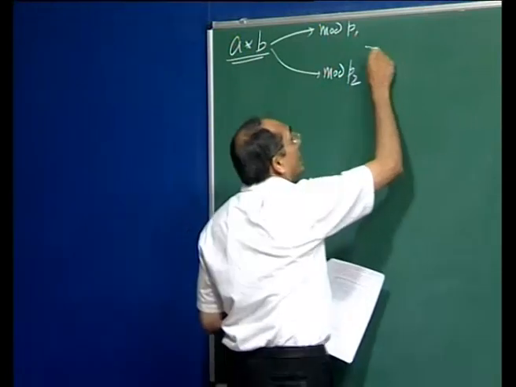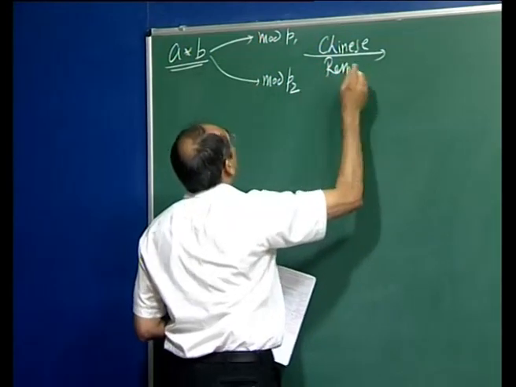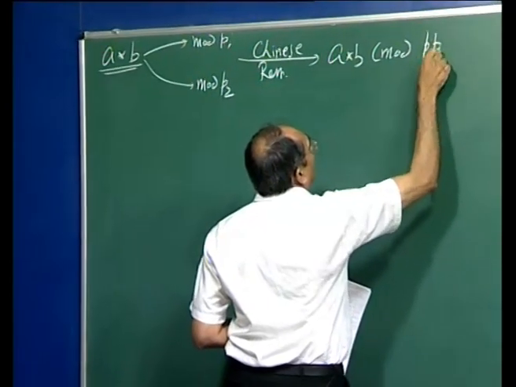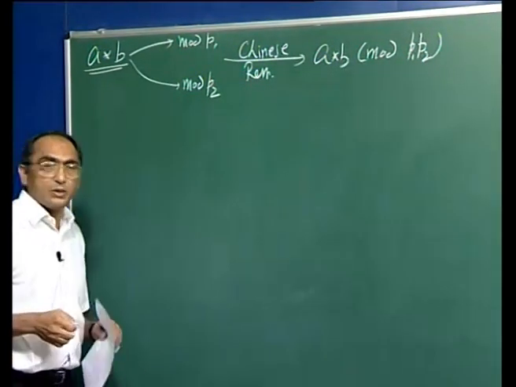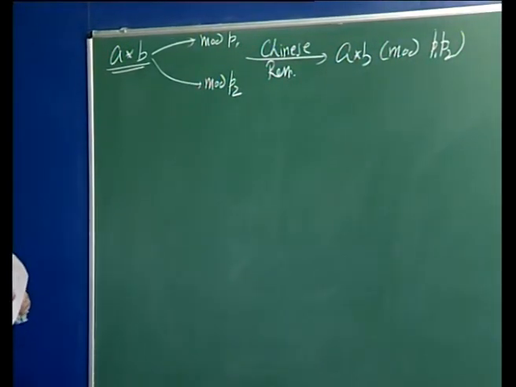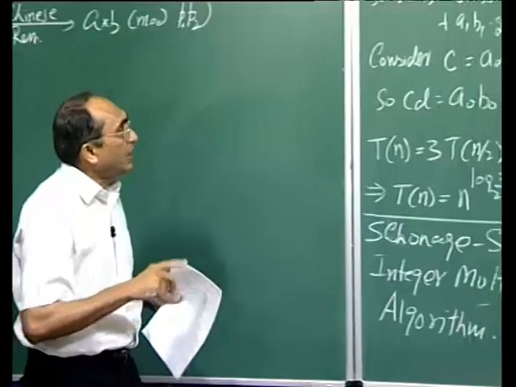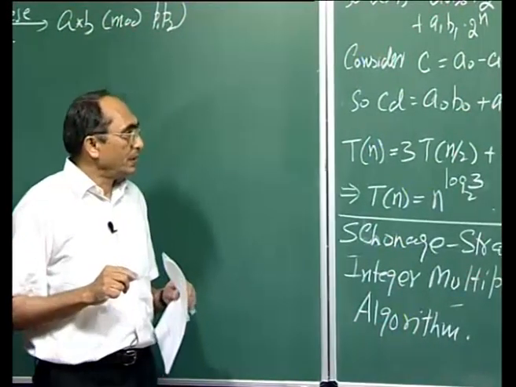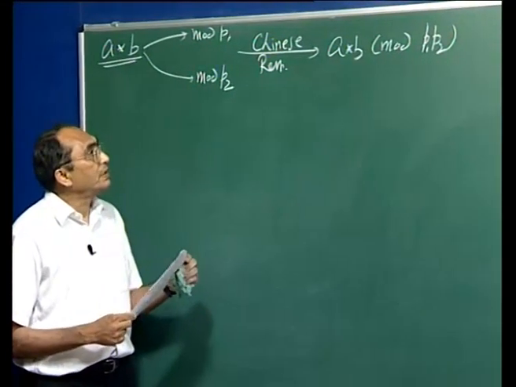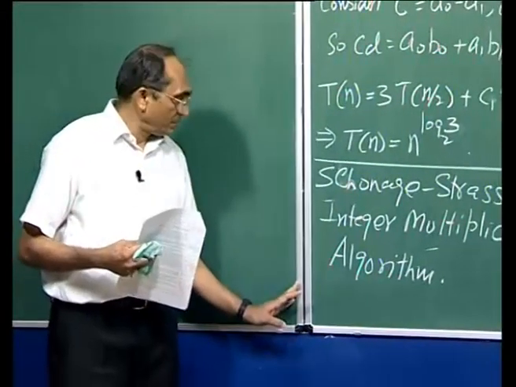And then we are going to use Chinese remaindering to get A times B modulo P1 P2. We will choose P1 P2 which are coprime. So this will be the core of our idea, and we will choose our P1 P2 in such a way that we can use this Rm ring that we have discussed. So that would be in the next lecture. I hope to finish this algorithm in the next lecture.